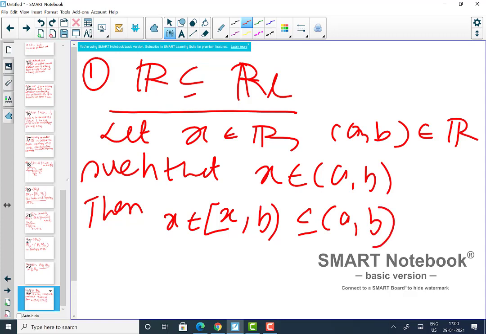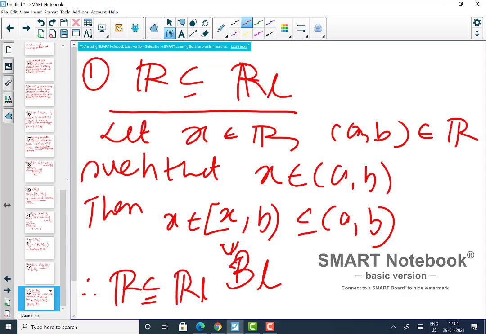So this is an open set of RL, and that tells you that R is actually inside RL. Now I need to check that this is strictly finer. So this tells you that RL is finer than R, but I need to show that this is strictly finer.